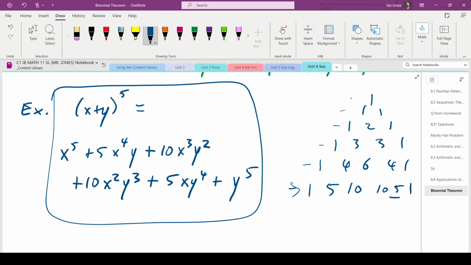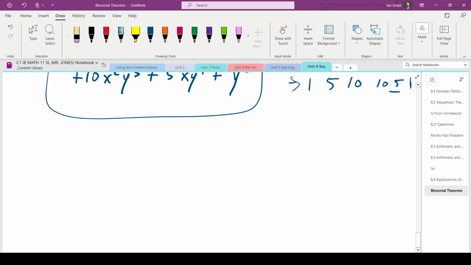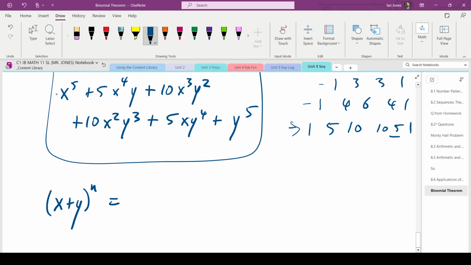Okay, let's do another question here. Let's suppose that I want to know... Oh, hold up. I forgot to even tell you. I just told you in words, but let me lay this out here. If we have x plus y to the n, we know that Pascal's triangle gives the coefficients.